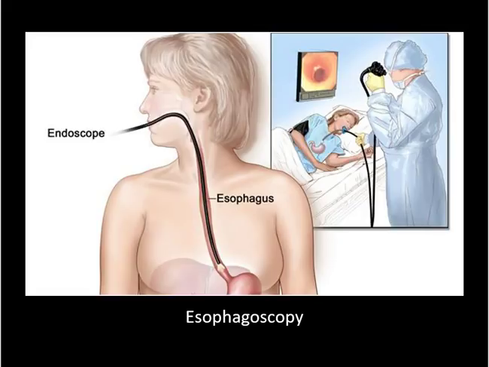We code to the fullest extent of which the scope was examining. In your CPT manual on page 305, there is a notation of what is included in an esophagoscopy procedure in terms of the different areas that the scope is examining. Please pay close attention to that level of detail.